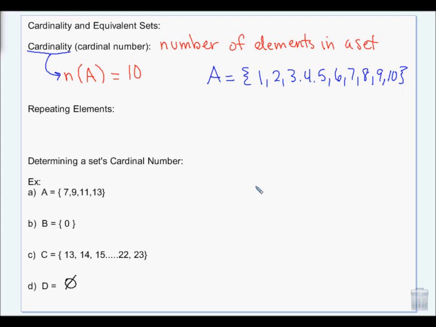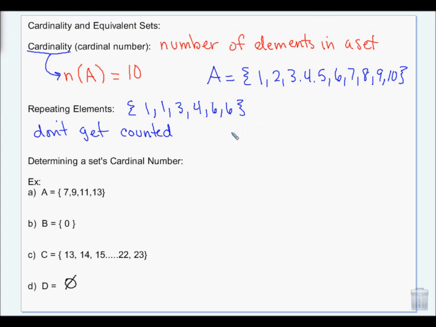Okay. If we have repeating elements, so let's say I have 1, 1, 3, 4, 6, 6. My cardinality, the repeating elements don't get counted. So I have 1, 1, but I only count that once. 1, 2, 3, 4. So I don't count the second 6 either.